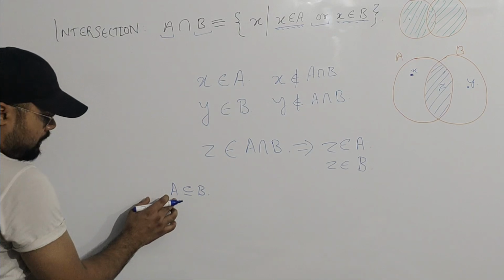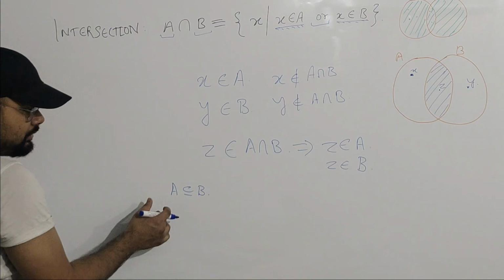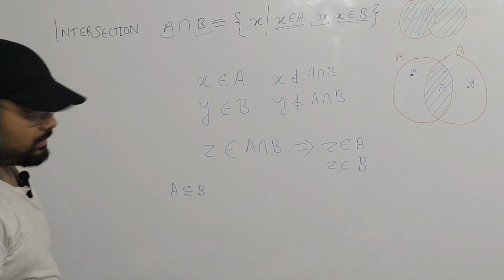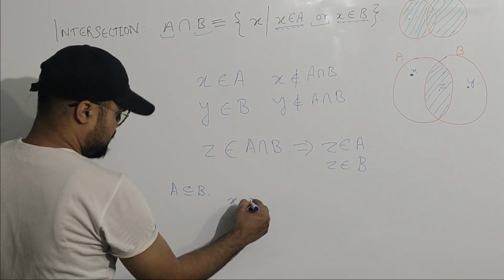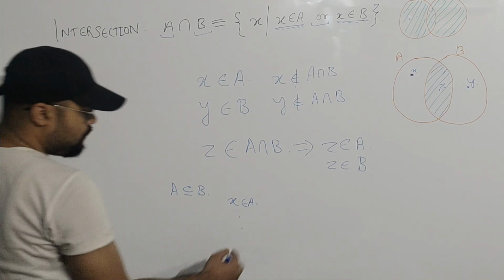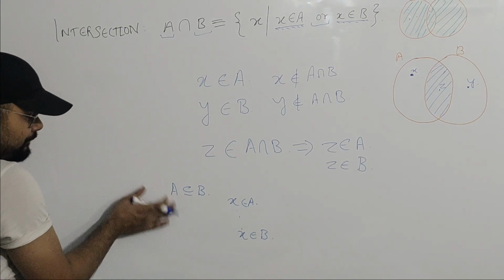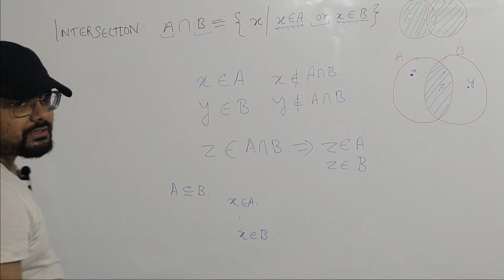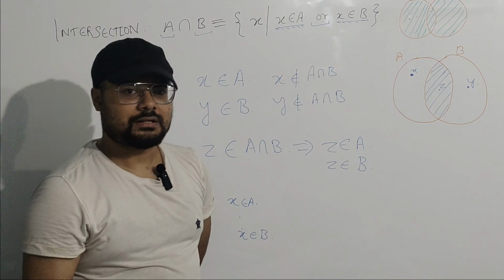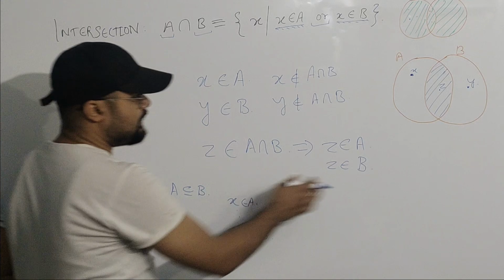You prove it by taking any element in A, and then you show that that element also belongs to B. So you take, let's say, X belongs to A, and with multiple steps of inference, you have to show that ultimately X belongs to B. So if every element of A also belongs to B, then A is a subset of B. This is one of the ways to show that a set is a subset. So here also, you can see, I am just taking any element Z in that region.